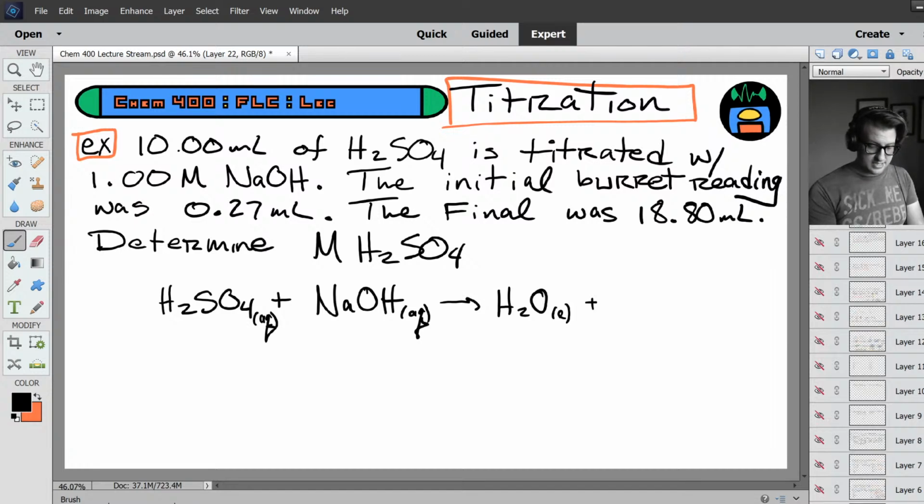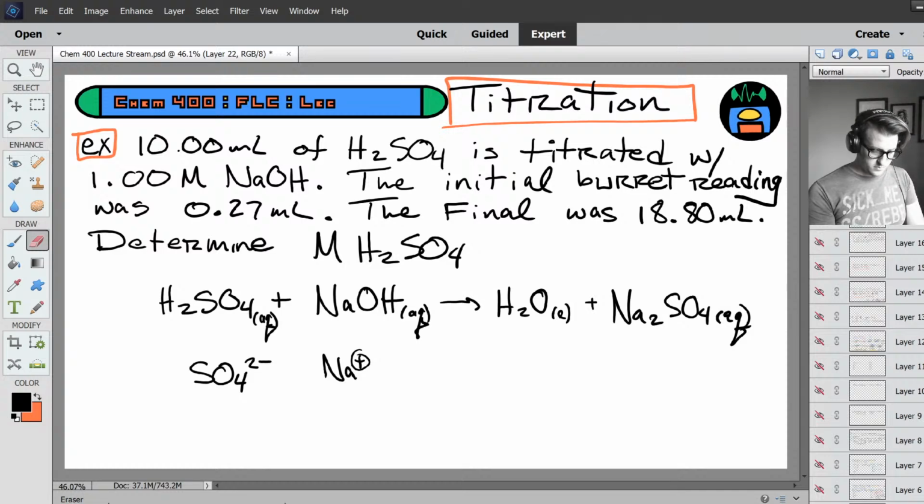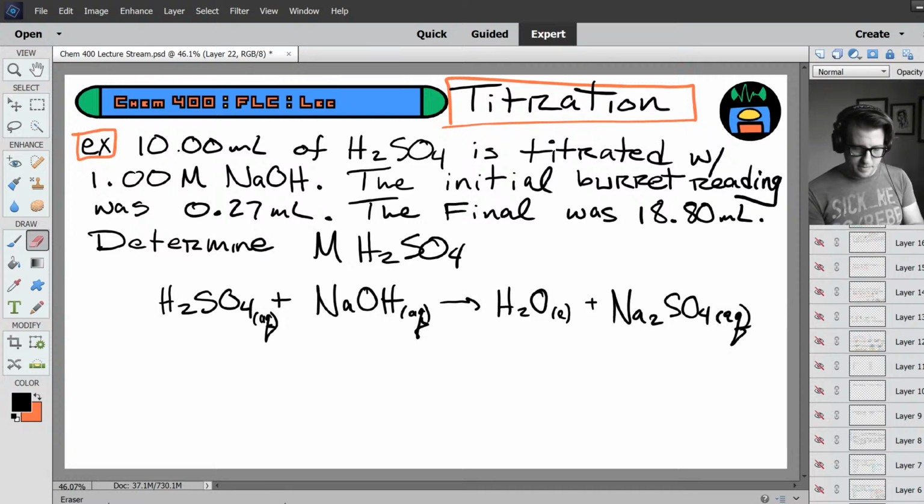That salt is made up of the cation from the metal hydroxide and the anion that's left over after you strip away all the protons from the acid. So for this reaction, the salt will be sodium sulfate, which is aqueous because sodium is always aqueous, always soluble. All right, so there's our balanced chemical equation.